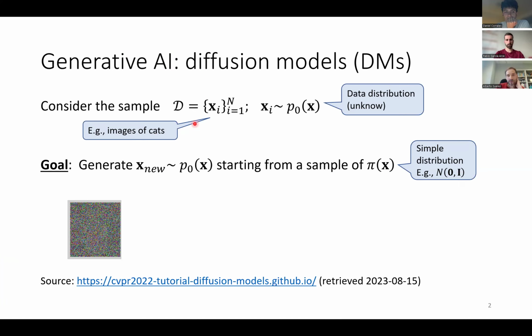So the idea is that we have some data. I'm going to assume that this data is an IID sample from some unknown distribution. For instance, this data can be images of cats, and the idea is to find a way of generating new samples from this distribution with similar statistical properties, or not even that.